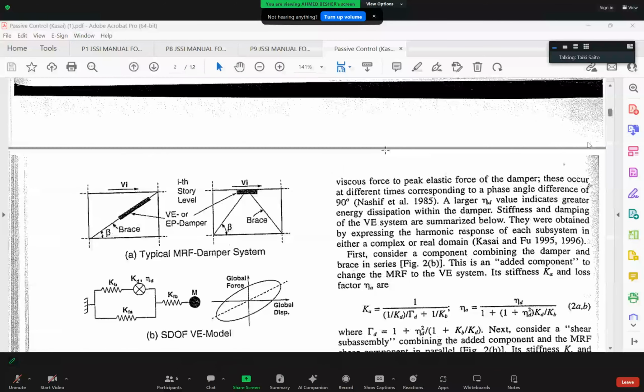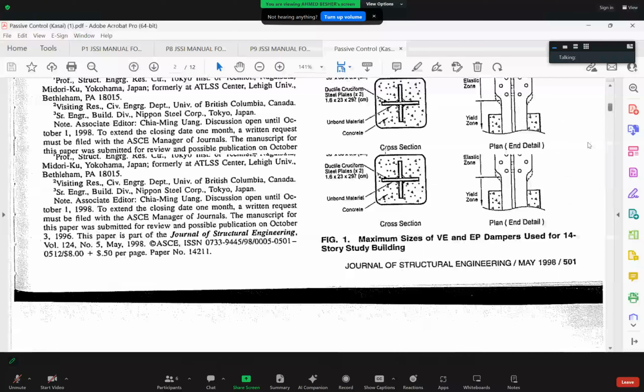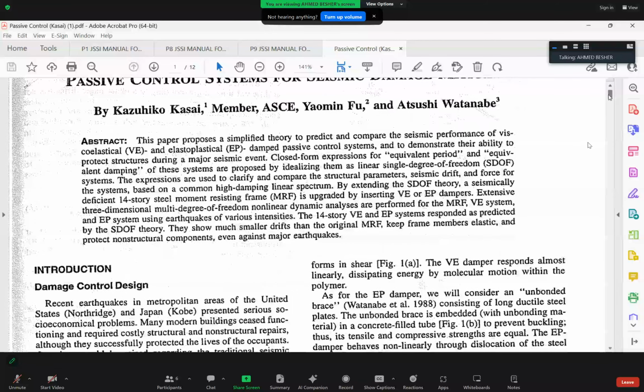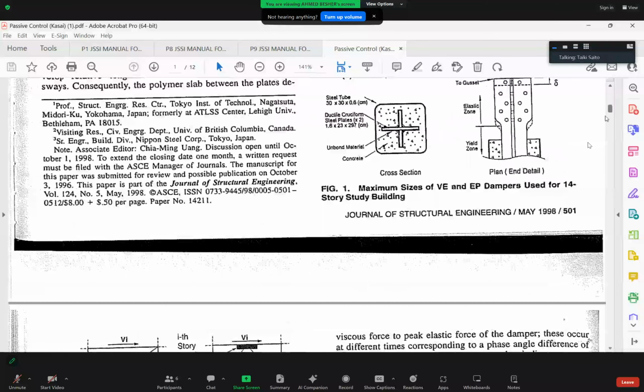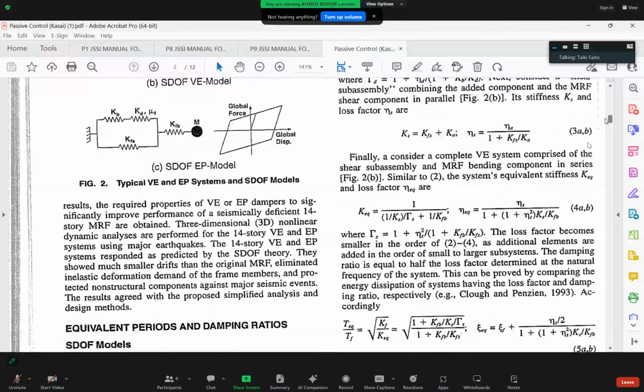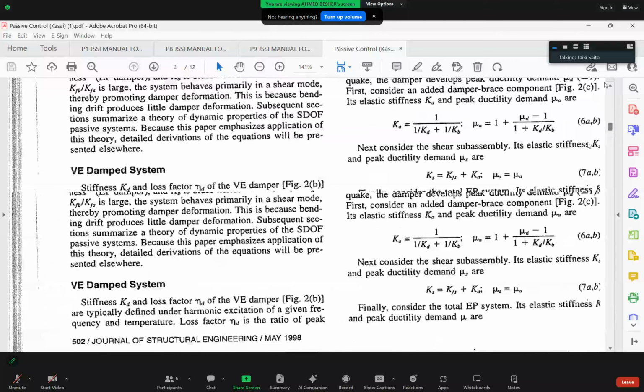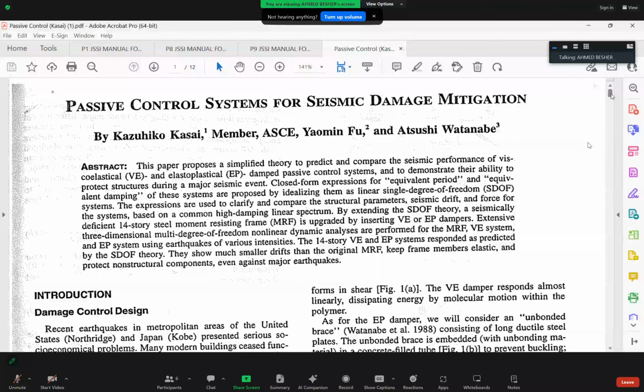What is the title? The title, Passive Control Systems for Seismic Damage Mitigation. Is it a conference paper? Which conference? Is it a journal paper?